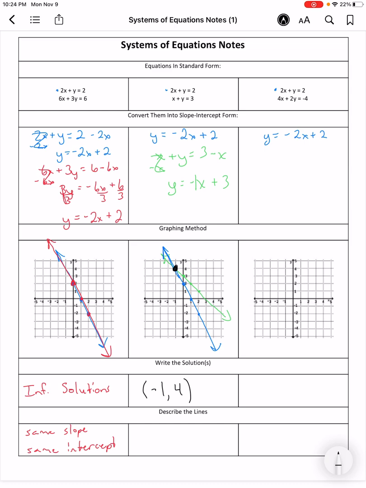So it's not enough just to graph the lines. We have to be able to explain what the solution is. So our solution is negative 1, 4. That's the spot where the two lines meet. And our lines, again, have different slopes. Because they have different slopes and intercepts, they're going to intersect one time.